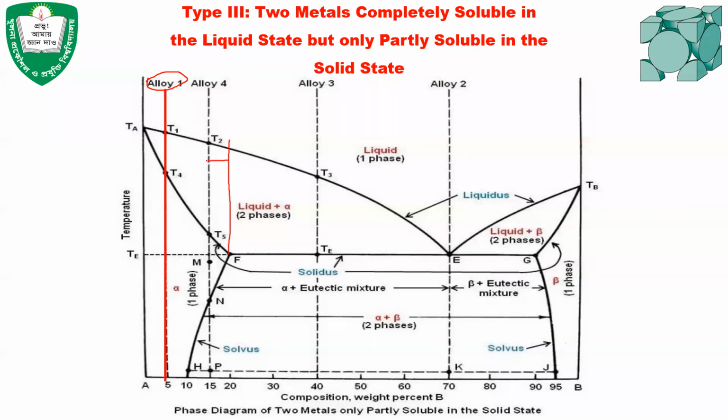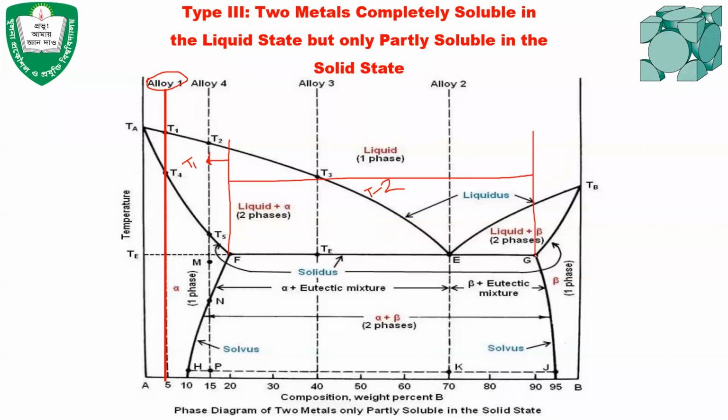The alloys in this region, from this line to the left side, are completely similar to the type 1 diagram, meaning metal B is completely soluble in metal A. From this composition to that composition, this region behaves like the type 2 diagram, and this one is the type 1 diagram.